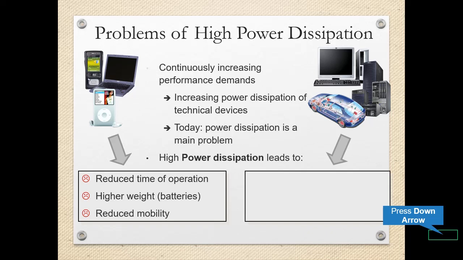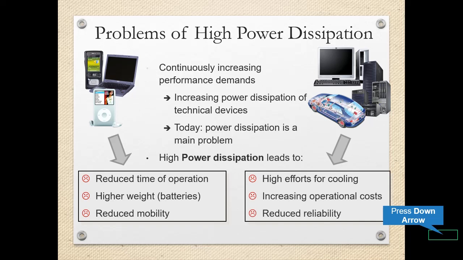Because of the bulky batteries, the device will also become bulky, and hence the mobility will be reduced. High efforts for cooling will be required, increasing operational cost and reducing reliability.